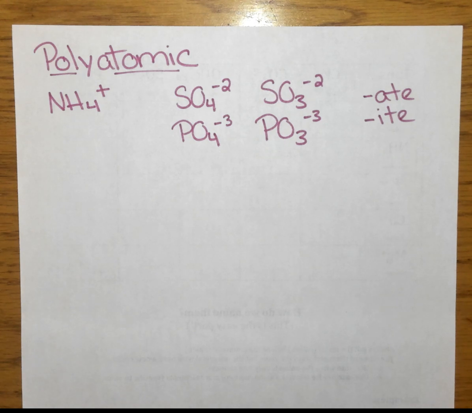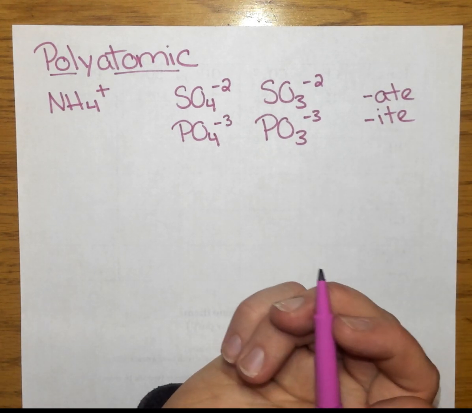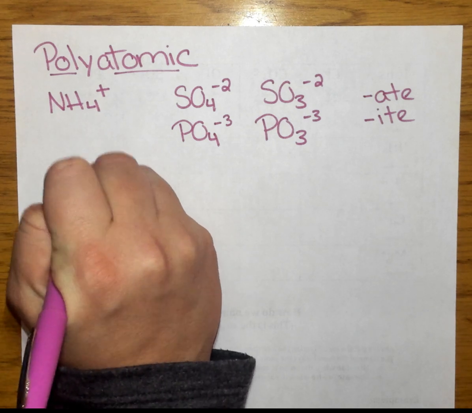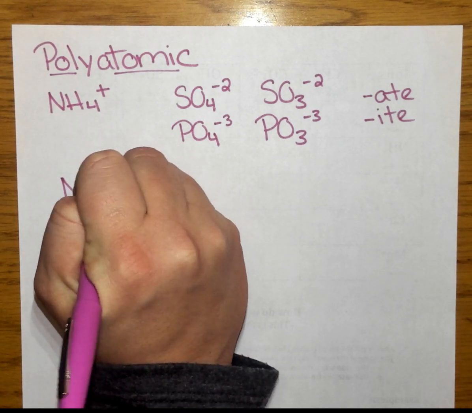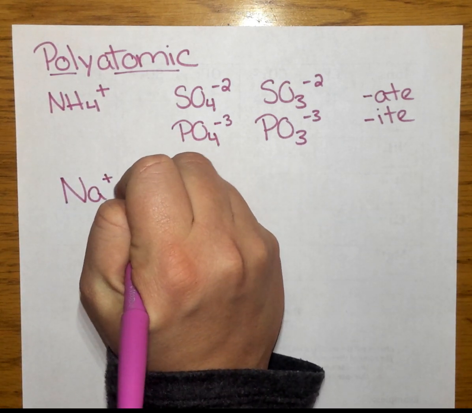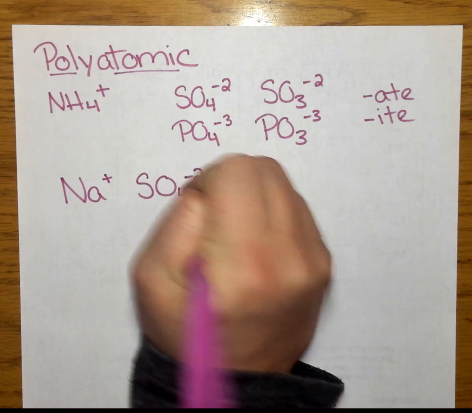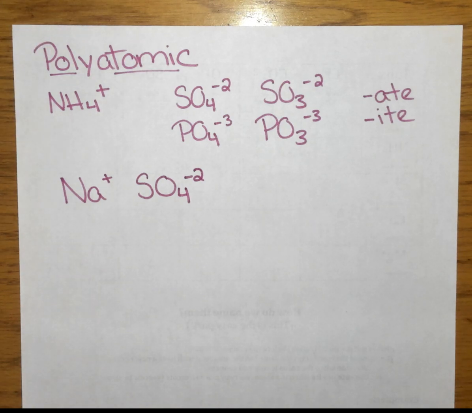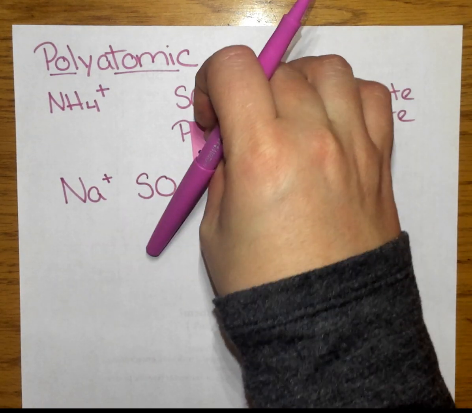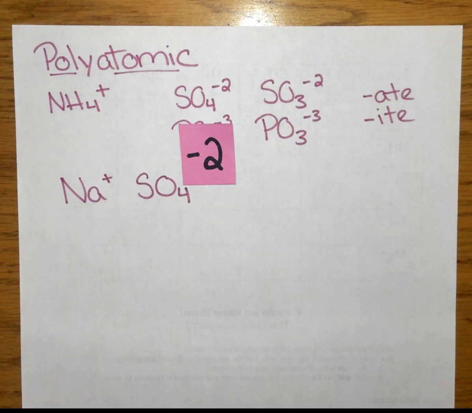So if I'm looking at, say, sodium, which has a +1 charge, combining with sulfate, which has a -2 charge, okay? So once again, I'm going to take my big charges, and we do the same process.